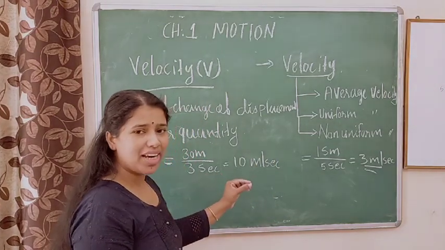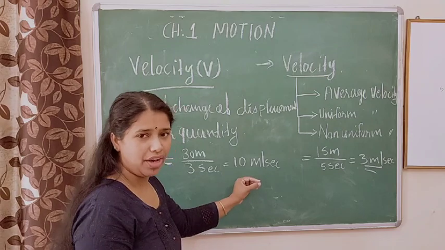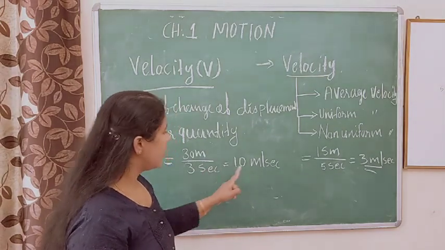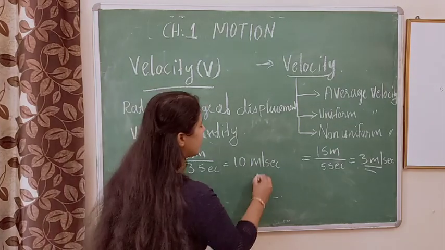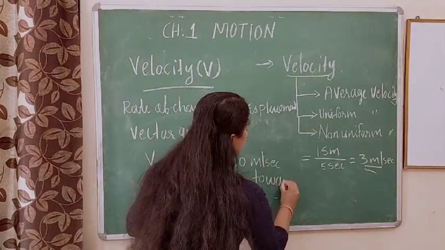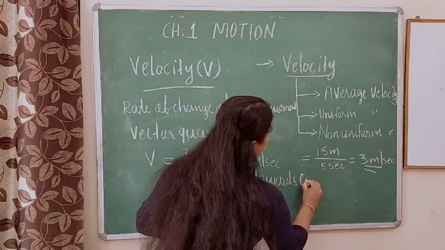This is actually not correct, it's a type of speed only. 30 by 3, 10 meter per second. But we have to mention that direction also. We can write from where to where it is moving, towards east.